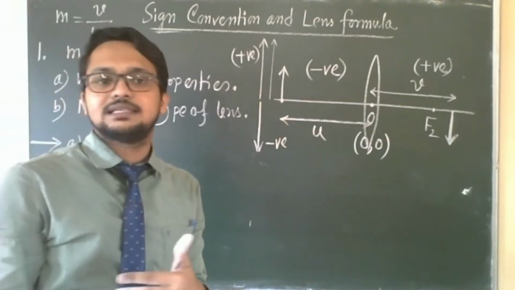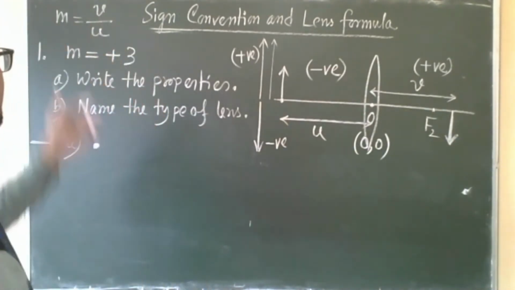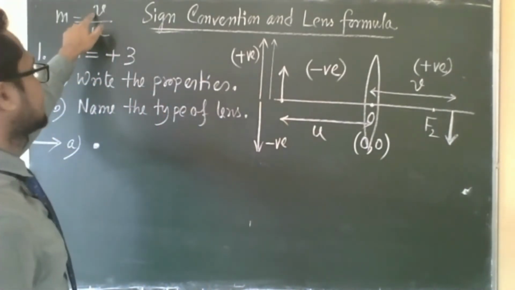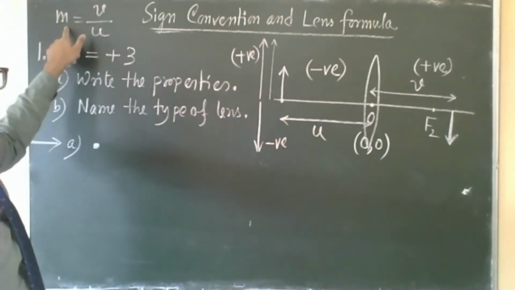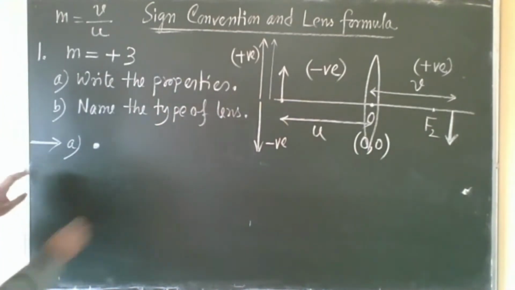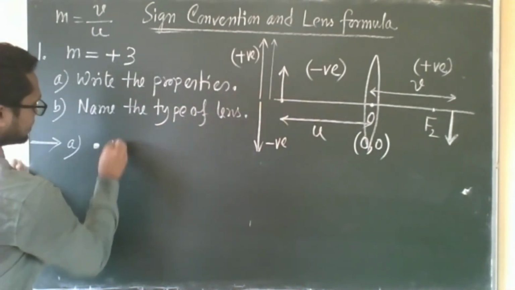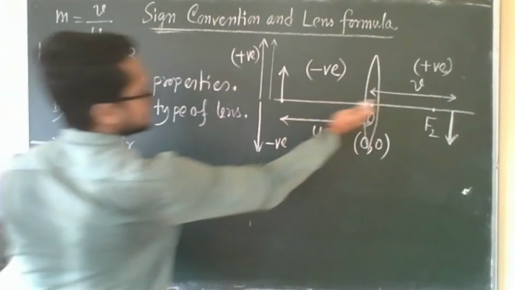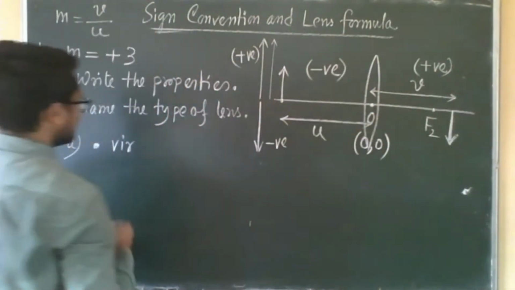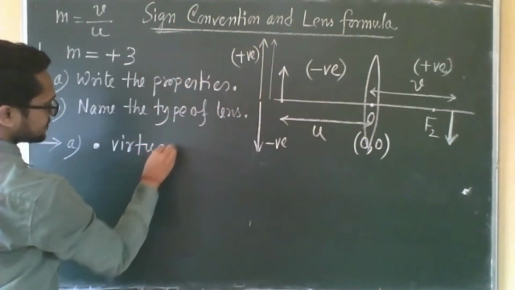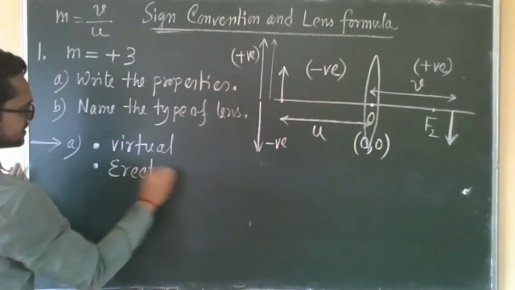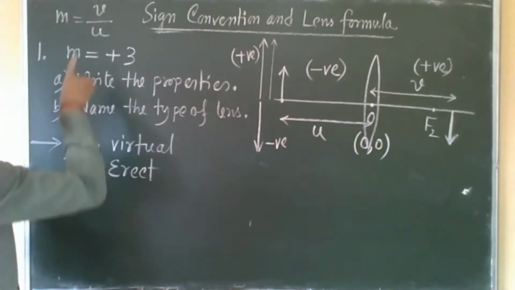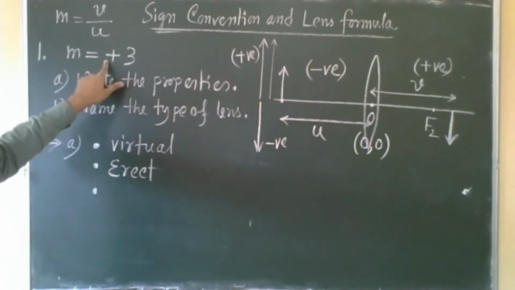So in which case will V be negative? Virtual image. V is negative means the image is forming on the left side. So virtual image. Second, virtual means erect. So we got 2 points from the positive sign.